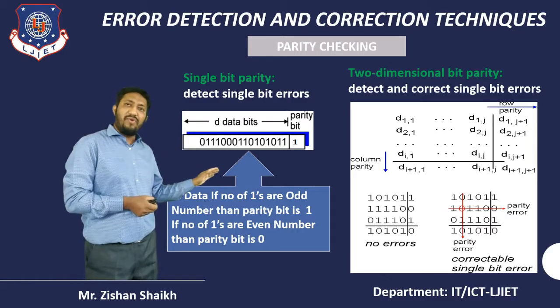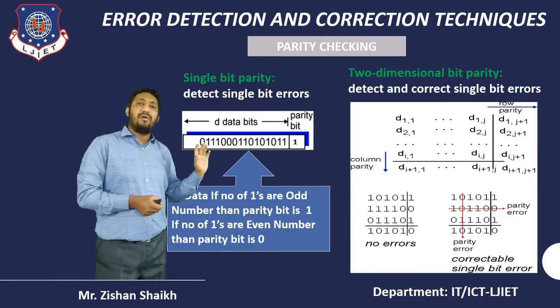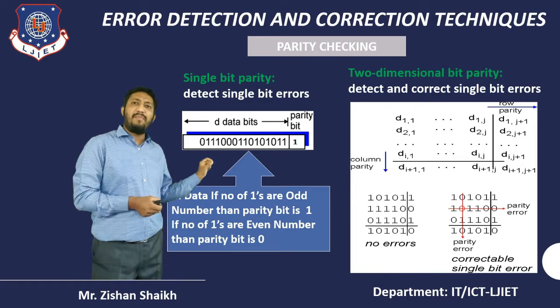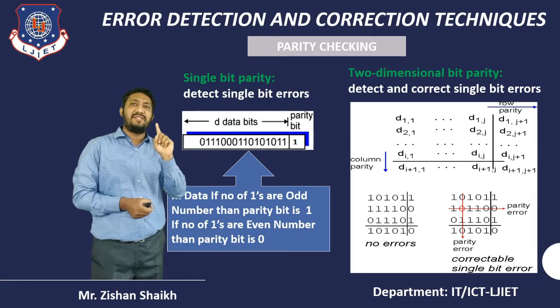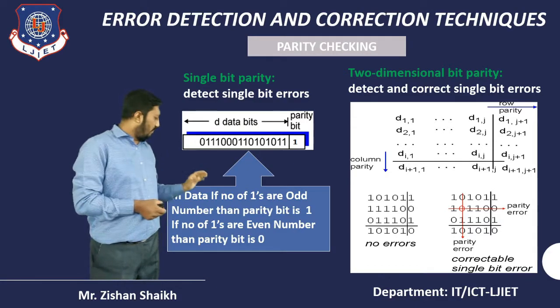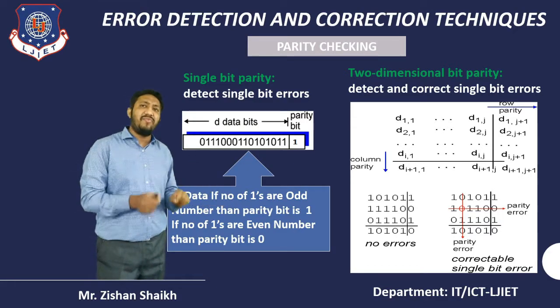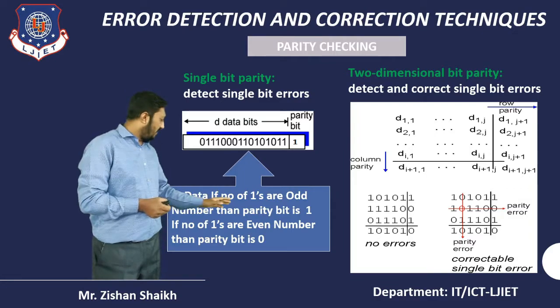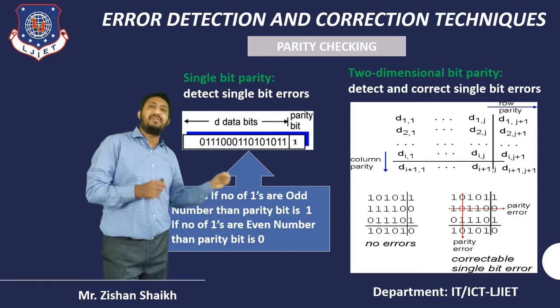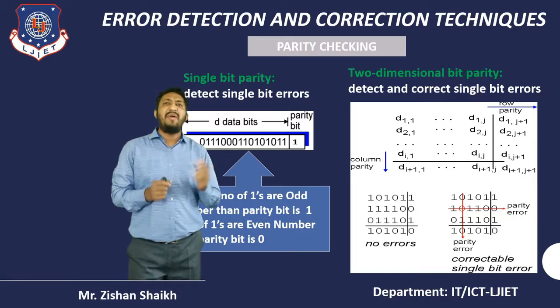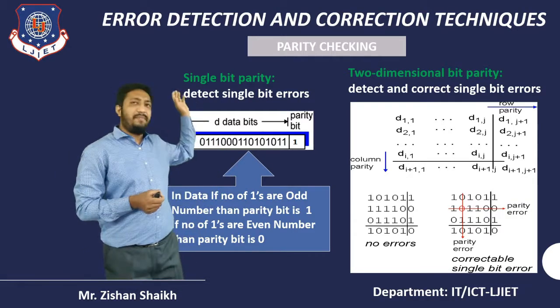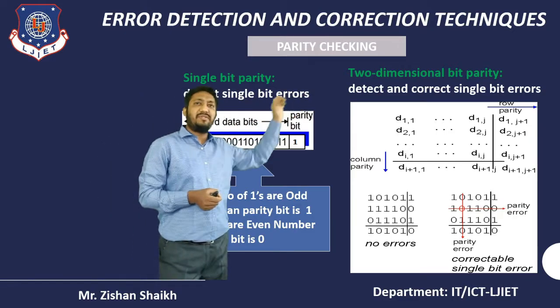If the number of ones is odd, we set the parity bit to 1. But if the number of ones is even, then the parity bit is set to 0. Parity checking is divided into two parts: single bit parity and two-dimensional parity.